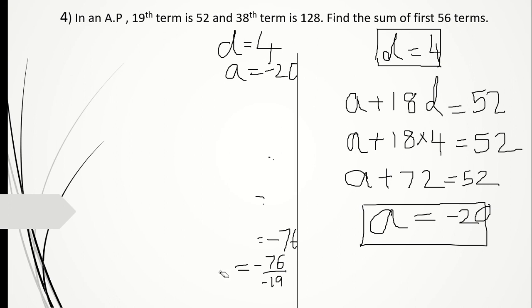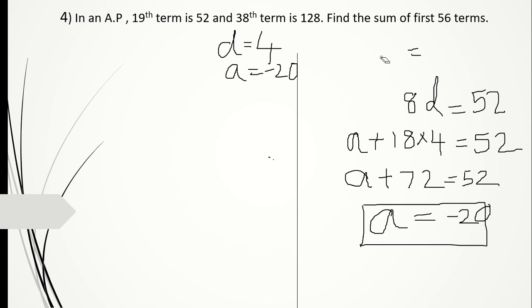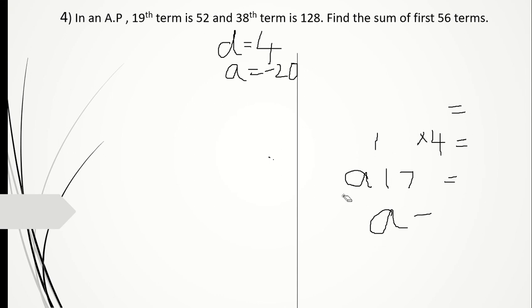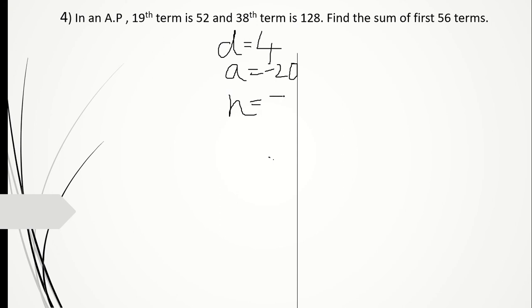Just use the formula now and I will get it. I know N now. N is equal to 56. We have to add 56 terms.